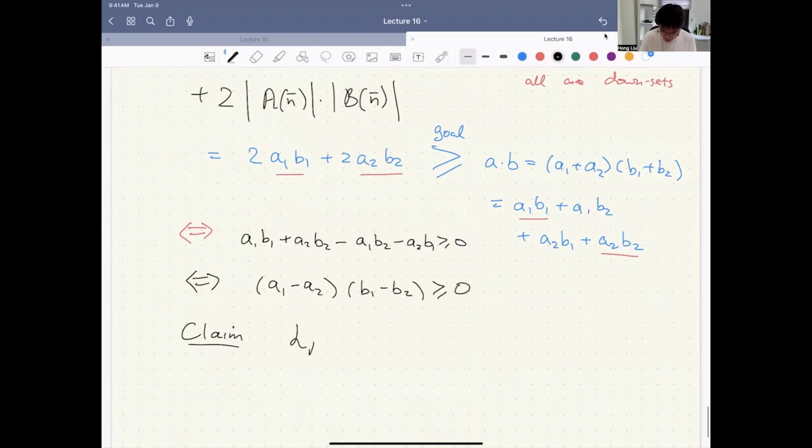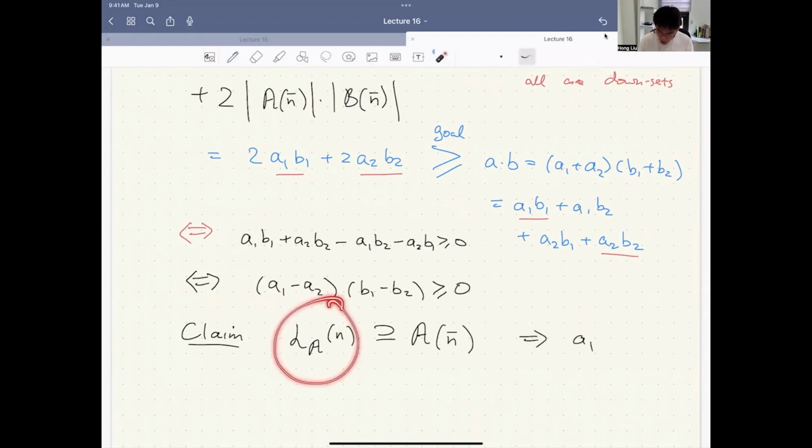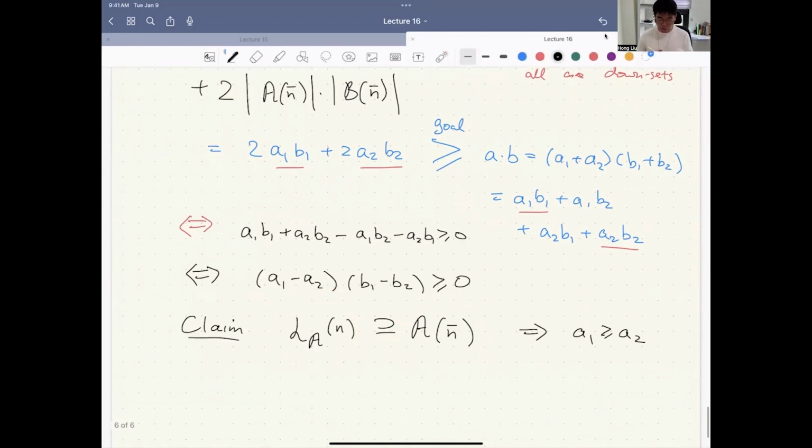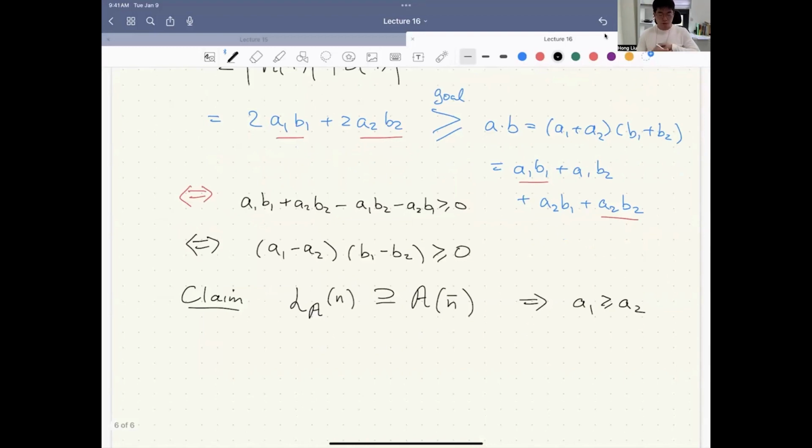So the link of n in A is a superfamily of the sets in A not containing n. This then will imply this cardinality, A1 is bigger than A2, and we will finish the proof. This is because A is a down set.